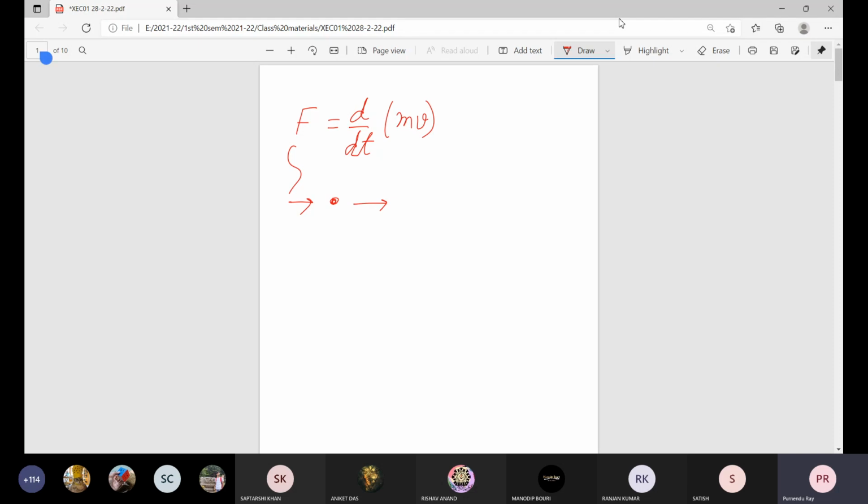Now, sometimes we club together these two quantities, or sometimes we segregate these two. So if m is constant, in that case, it will be mass multiplied by dv/dt. And what about this?